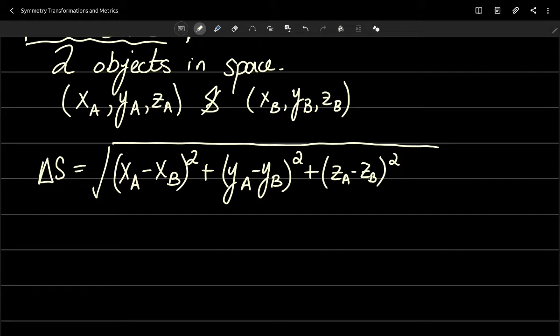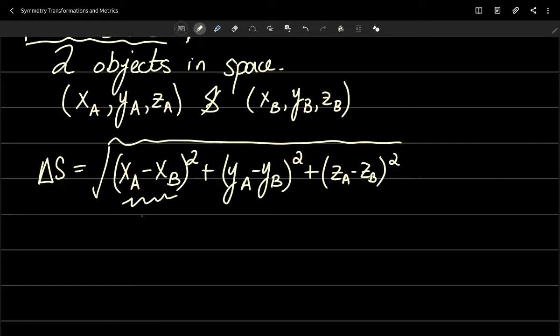So hopefully you know this formula for distance, right? Sorry, I just erased the square root, right? My bad. Okay, so this just comes from simple coordinate geometry, right? That you do in your high school mathematics, perhaps.